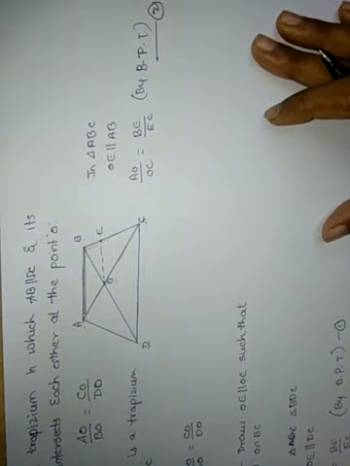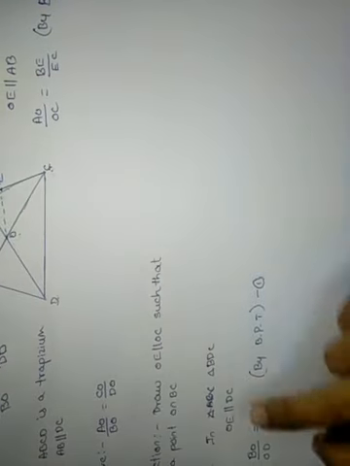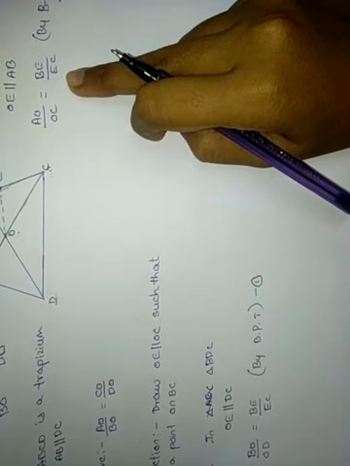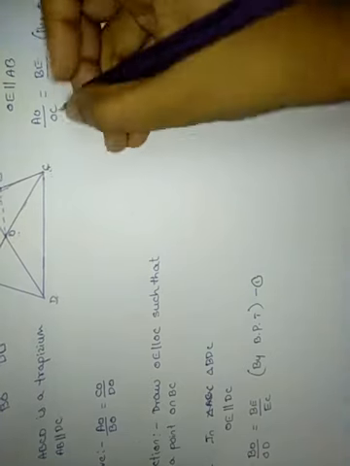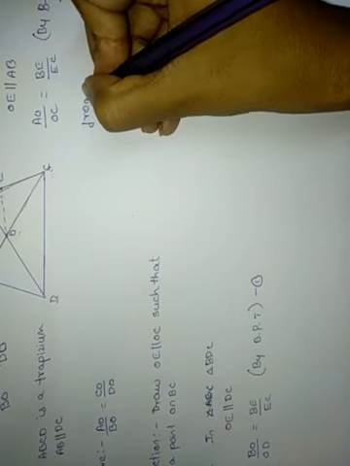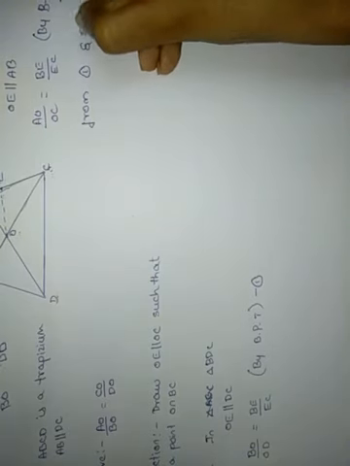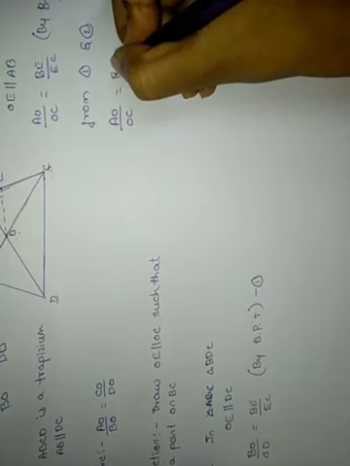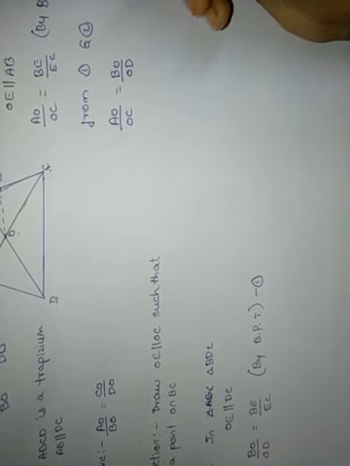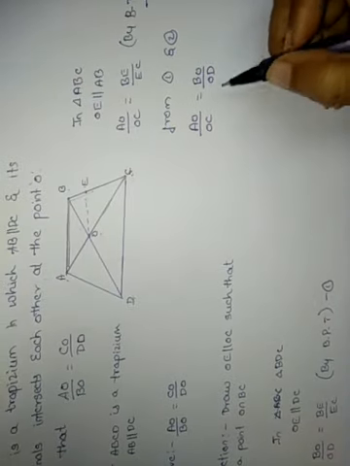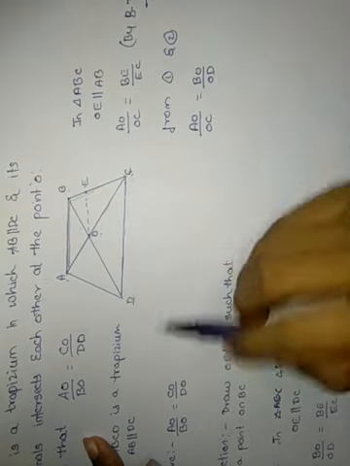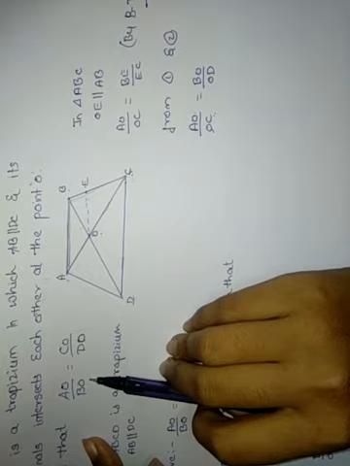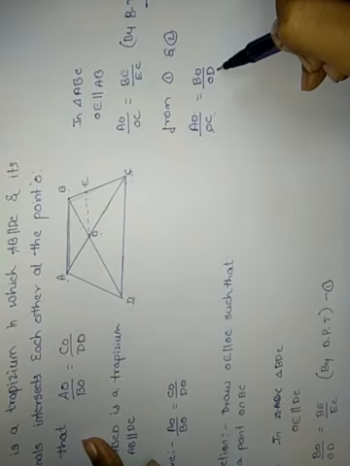We can observe equations 1 and 2. In equations 1 and 2, the right hand sides are equal here. So we'll equate the left hand sides. From 1 and 2, AO divided by OC is equal to BO divided by OD. Here we have obtained AO divided by OC, but we want AO divided by BO, and here CO divided by OD, right?